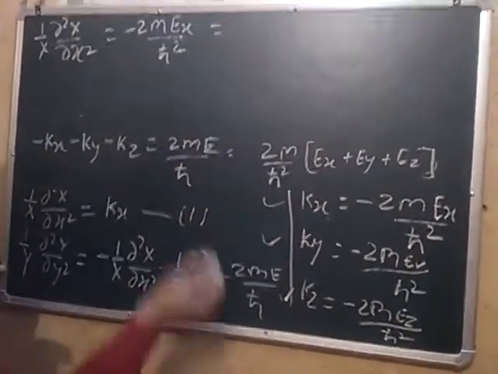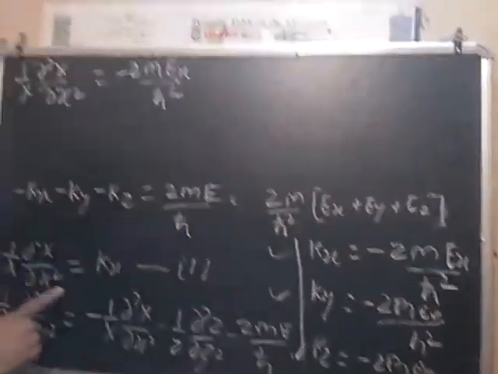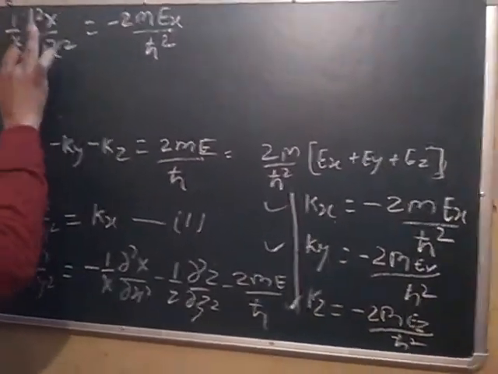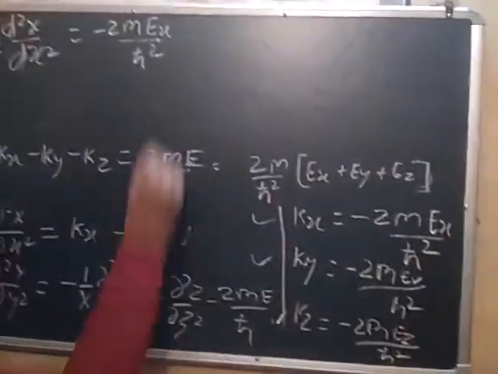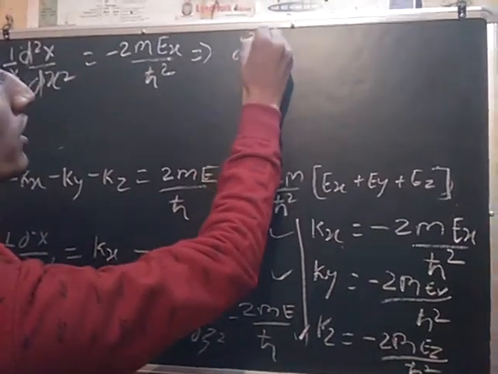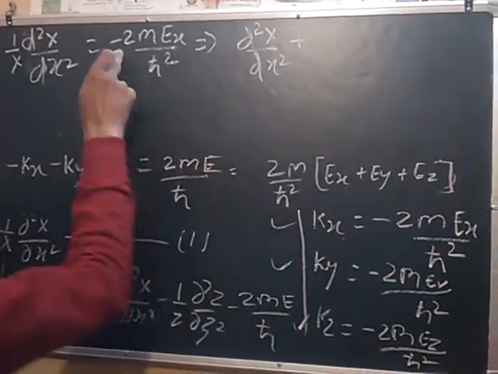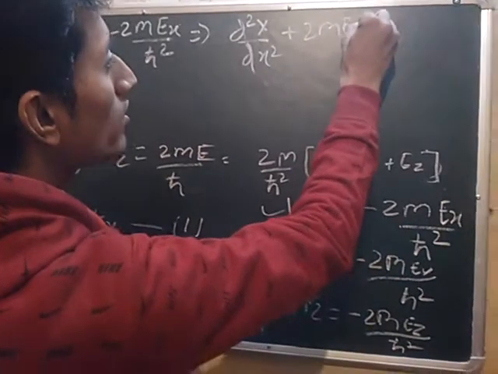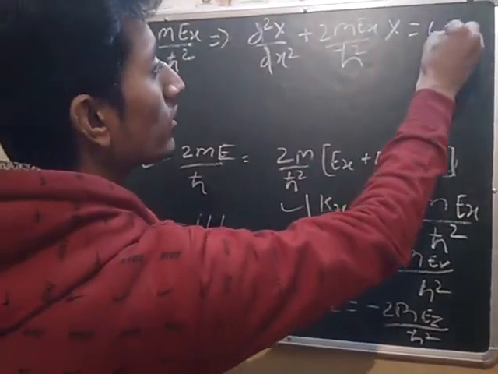It can be written as del 2. Now we have considered only one variable, so use exact differential in place of partial differential, and it can be written as d2x upon dx square plus, when we bring it to the left hand side, 2m Ex upon h bar square x, and it is equal to 0.